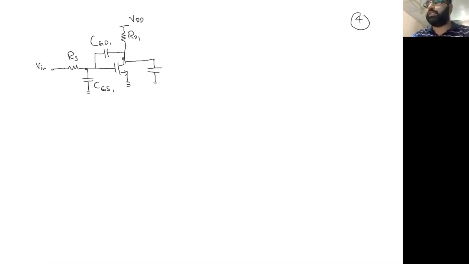Now you don't have C1, C2 anymore. So this node will be X, and this node we have RF, we have CGD2. Okay, so you can see we did this now.